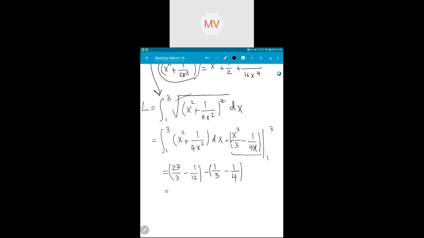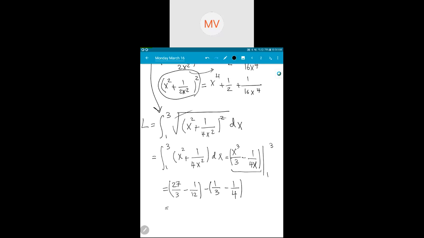Is it correct now? So it was 1 over 16 x to the 4th. Yep, so it's 4x squared. Antiderivative of that is negative 1 over 4x. If we plug 3, we get 12 in the denominator. Plug 1, we get 4. Okay, good. Thanks, Alex.